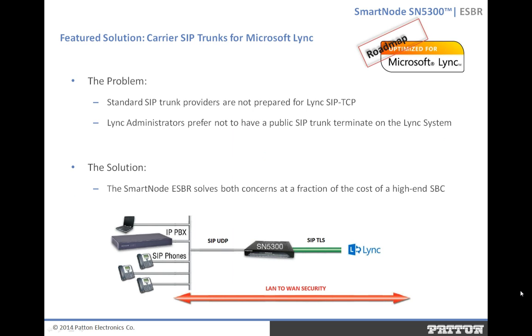So if there's a need to connect VoIP equipment which is only able to do SIP UDP signaling, the 5300 can do the conversion from SIP UDP to SIP TLS against a Microsoft Lync environment. That's one further key element of the 5300. So as you can see here, the conversion from SIP UDP to SIP TLS or from SIP UDP to SIP TCP signaling, where this device is doing the protocol conversion.